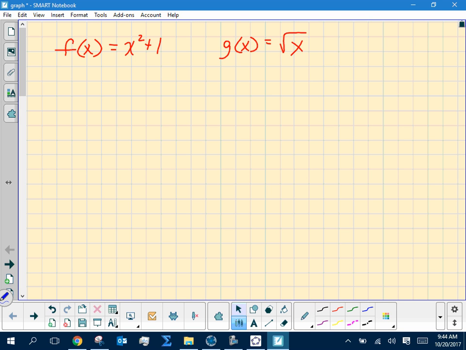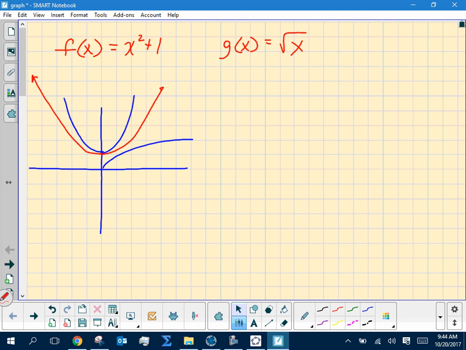If you remember graphing these yesterday, if I look at x squared plus 1, it might look like that. If I look at square root of x, it looks like that. And then when I compose them, one of the compositions looked kind of weird like that. It kind of looked parabolic, but it got very linear on the branches of it.